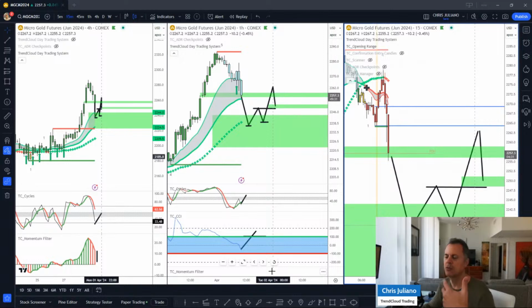And if you do, then you can take the trade. If you don't, then you go look for something else. It's as simple as that. You keep it that simple. Do I have trend and momentum on my side in this trade on both the 4-hour and the 1-hour chart? If the answer is yes, go for it and use that proper risk management.